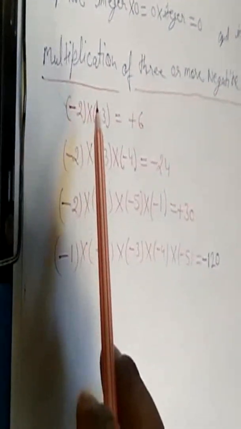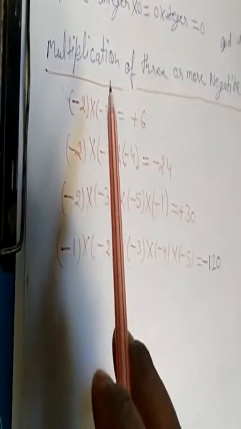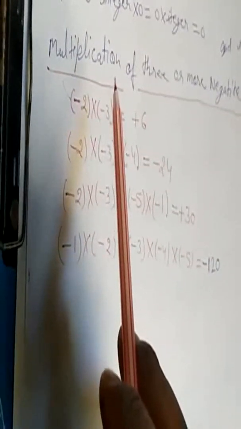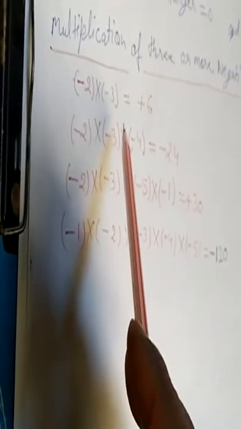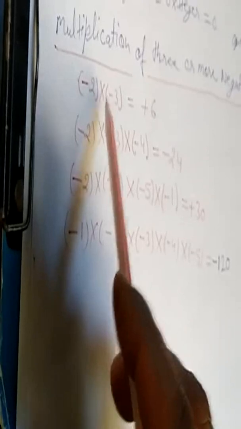So be careful. The product of an odd number of negative integers is a negative integer. 1 2 3, so 3 is an odd number. 1 2, 2 is an even number. The product of an even number of negative integers is a positive integer.